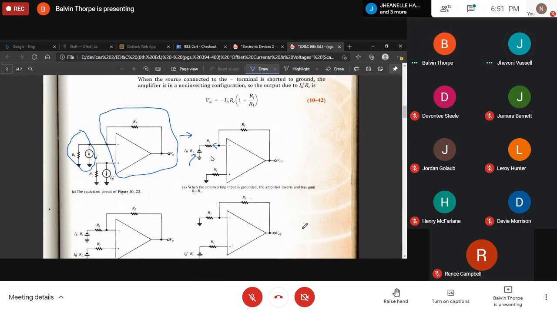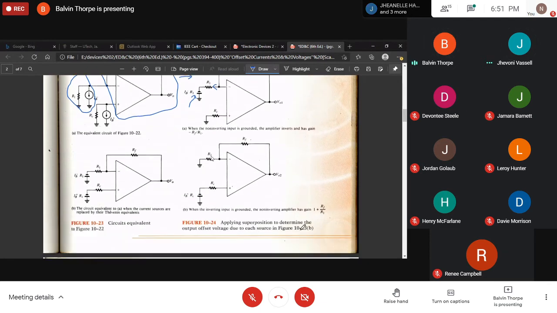Yes, sir. The same would be true for the non-inverting input: there could be a representation of a voltage source as well, because IB plus times RC is going to give us a voltage source here.